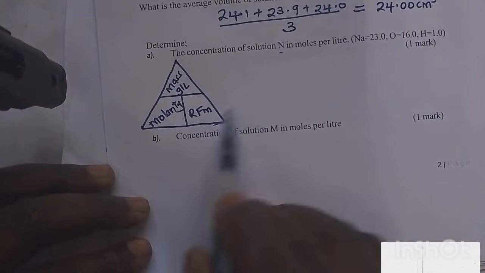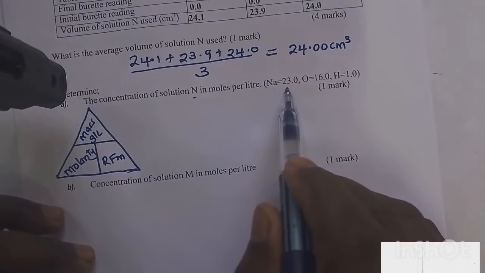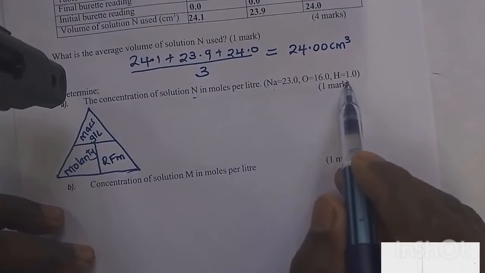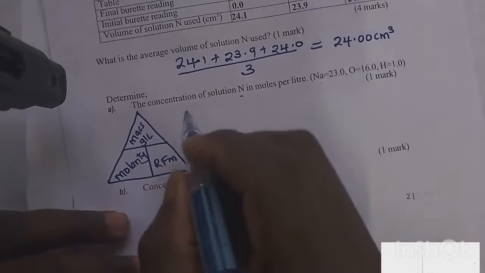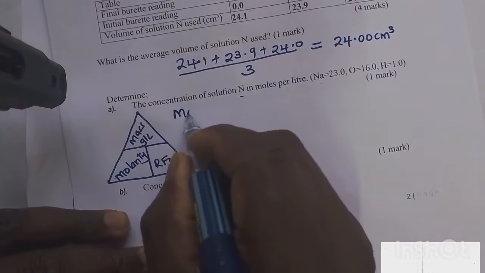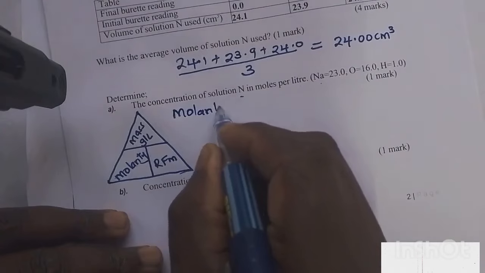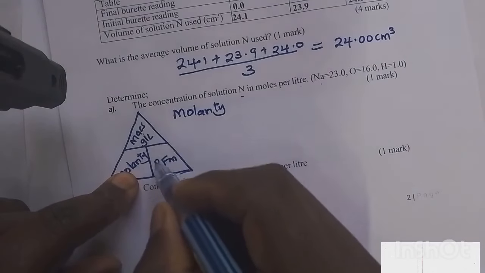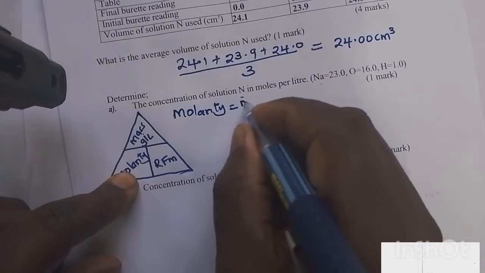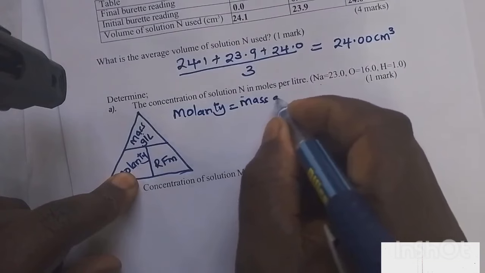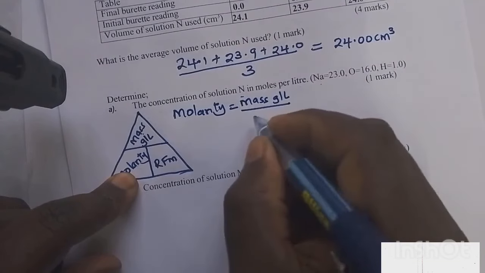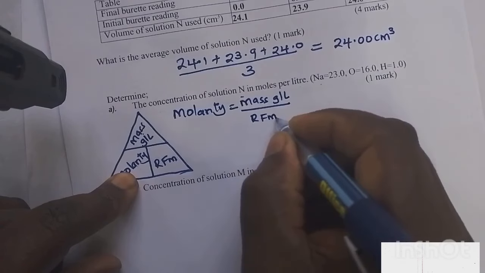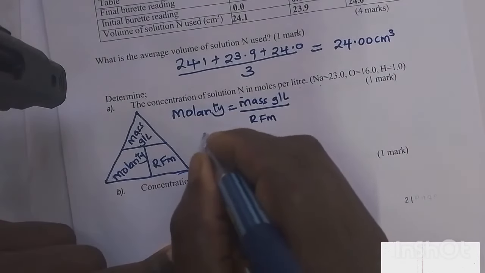We have RFM from the RAM of sodium hydroxide given. Therefore, molarity, you hold your finger like this, is equal to mass in grams per liter over RFM.